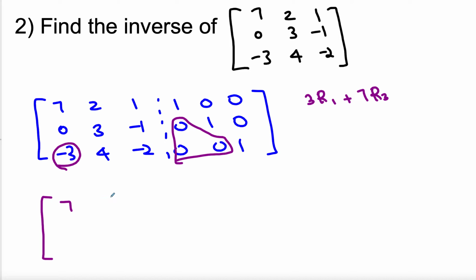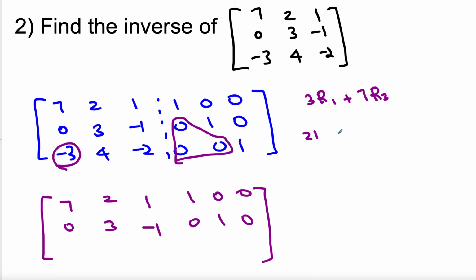7, 2, 1, and then 0, 3, -1. 1, 0, 0, 0, 1, 0. And then we're just going to write down the result of the bottom one here. So 3 times the first row is what? 21, 6, 3, and 3, 0, 0. 7 times the bottom row becomes -21. 7 times that becomes 28. 7 times that, -14.